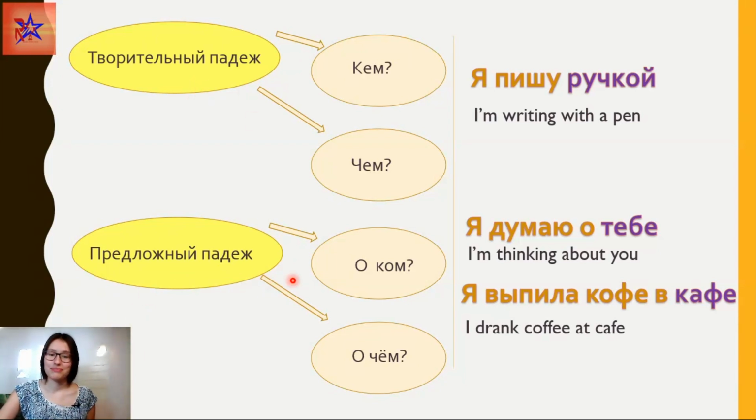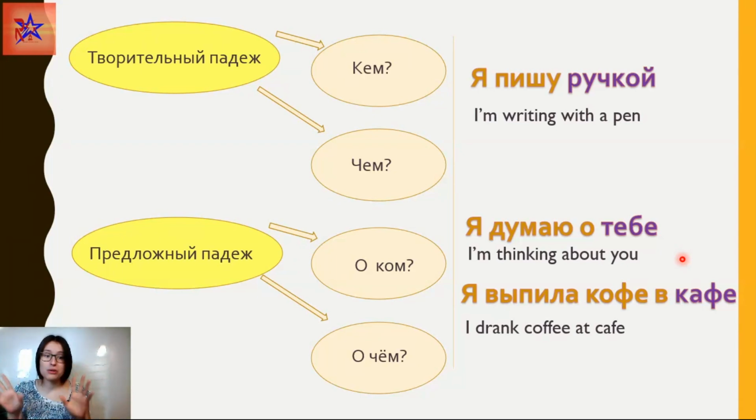Предложный падеж. О ком, о чем. It's a prepositional case and it often goes with different prepositions. So first of all, it's a preposition о, about. Я думаю о тебе. I'm thinking about you. Besides, its principal meaning expresses the position.